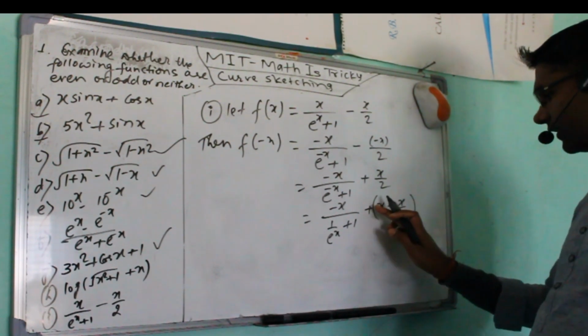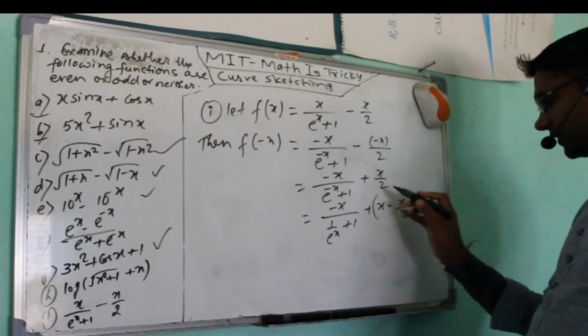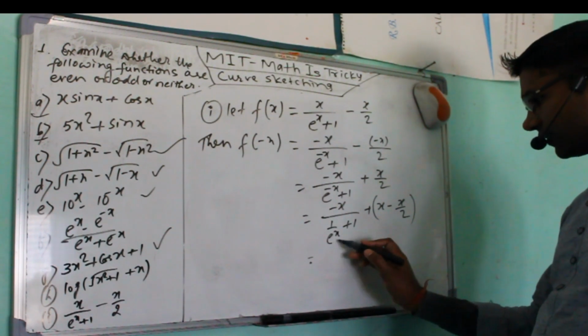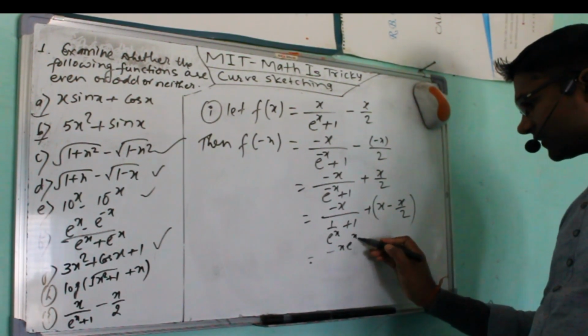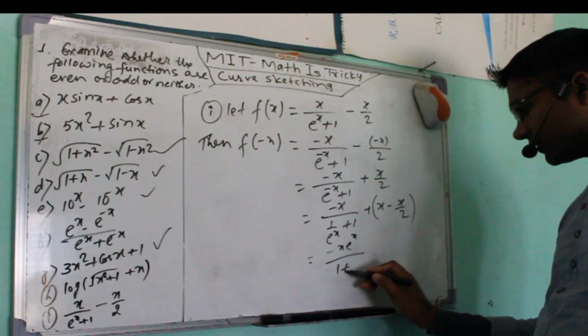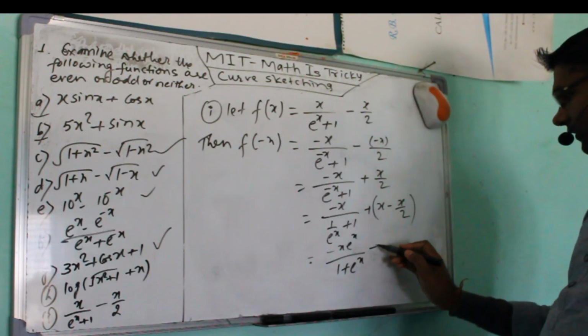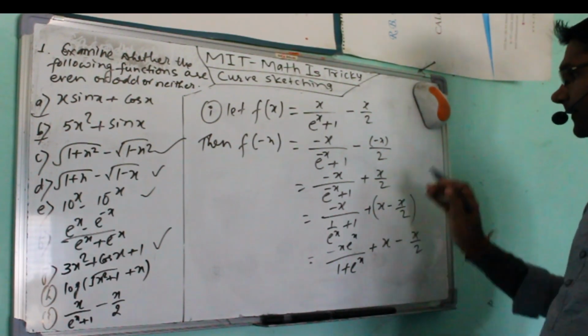And x/2 can be written, if you take LCM, as x − x/2, which is the same x/2. So if we take LCM here, e to the power x will come in the numerator, so −x eˣ/(1+eˣ). So just write here like this, plus x and minus x/2 at last.